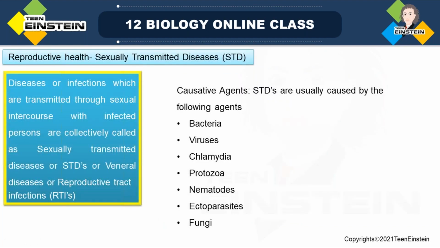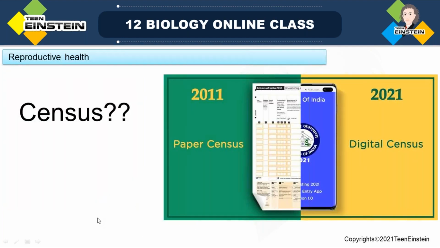Okay, next, census. What is that census? This is one neat question. Census means official counting of population and preparing data about age groups, births, sex ratios, deaths, and education.